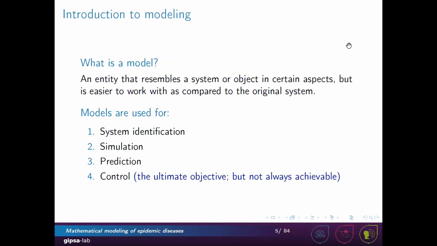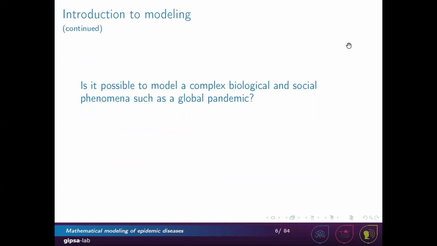And we would ultimately like to be able to control the system. But we know that in the real world, it is not always possible to control the system. So the objectives of modeling get more and more complicated and hard as we move from item 1 to item 4.